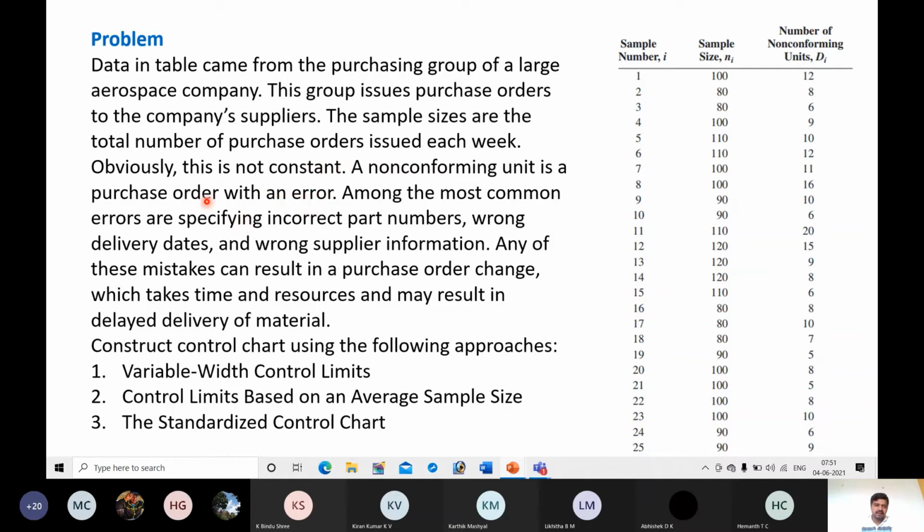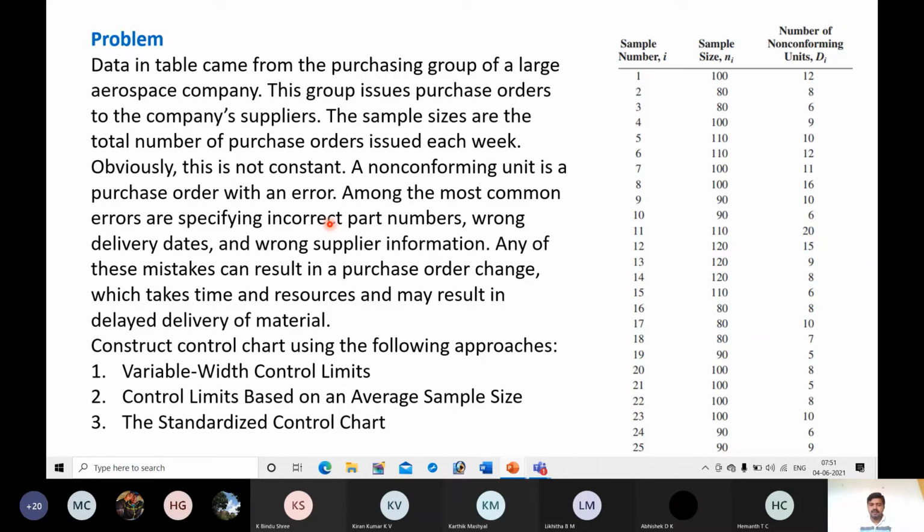This error may be in how many parts the company needs, or it may be a wrong delivery date or wrong supplier information. Now we are considering these purchase orders. Out of 100 orders, how many are having errors? Out of 80 orders, how many are having errors? Again, this is related to inventory management, demand and supply.